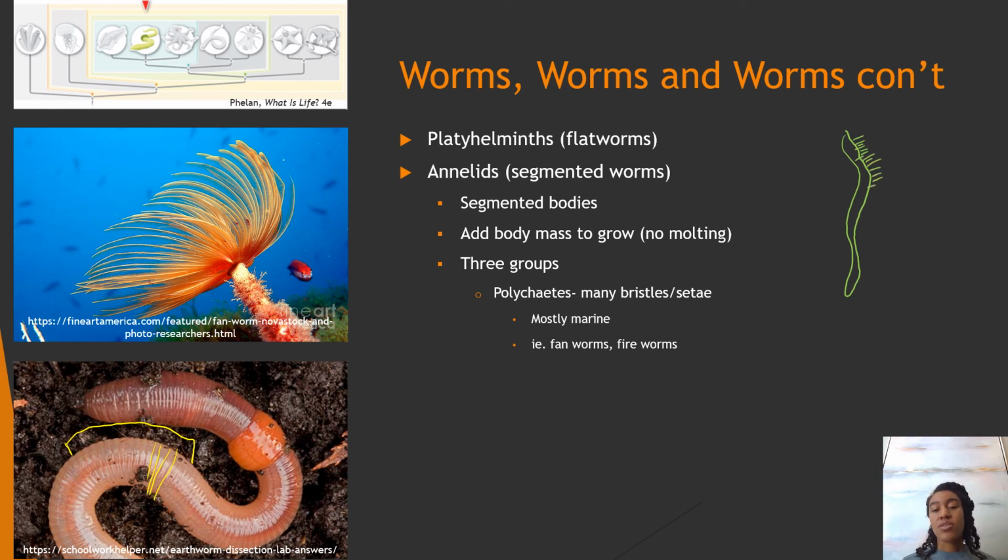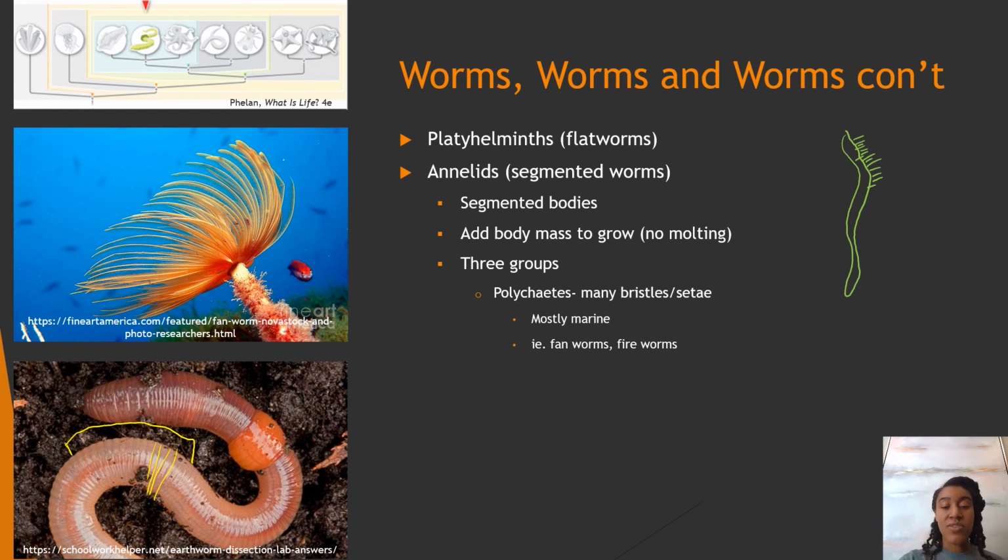Those little hairs are called setae. If a worm has a lot of setae, then it's called a polychaete, which means many setae. Most of these are marine worms, and some examples are fan worms and fireworms.